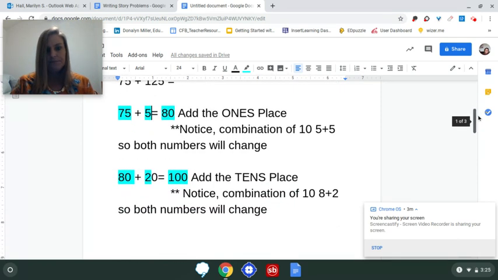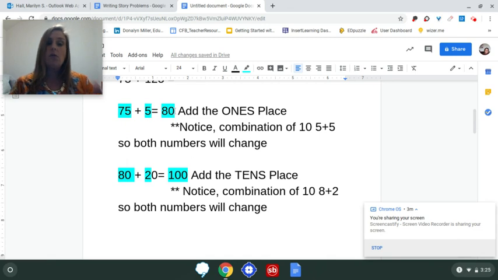Now I'm going to start with what I ended with, the 80, and I'm going to add the 20 from 125. I'm going to add the tens place together. Now, notice here you have another combination. 8 here plus the 2 gives you the combination of 10, which is going to give me 100. Both numbers are changing, not just the tens place.